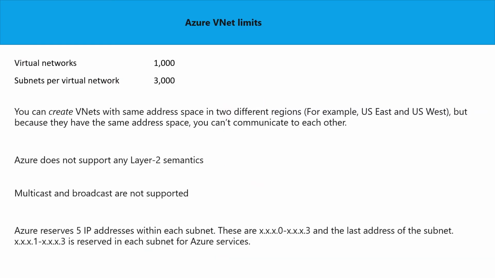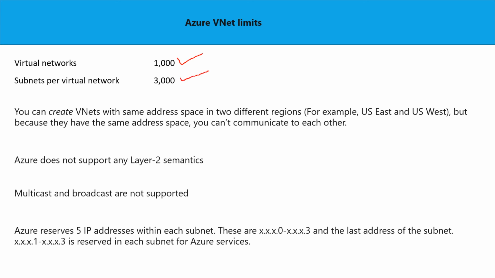While creating Azure VNets, there are some limitations also which we should know. So the first limitation, the number of virtual network you can create. By default, you can provision 1000 virtual networks, and subnet per virtual network is going to be 3000.